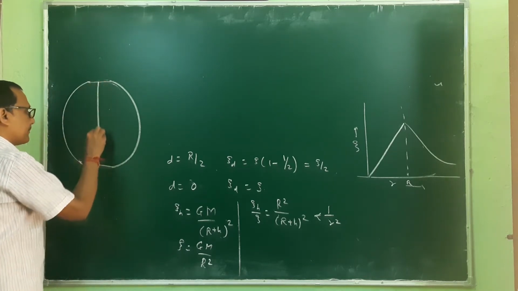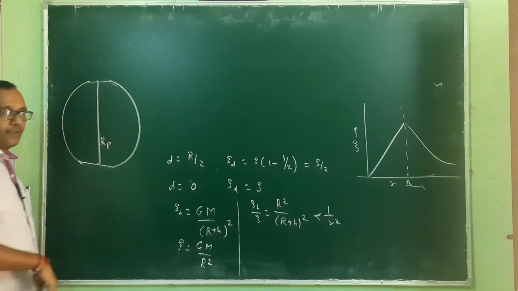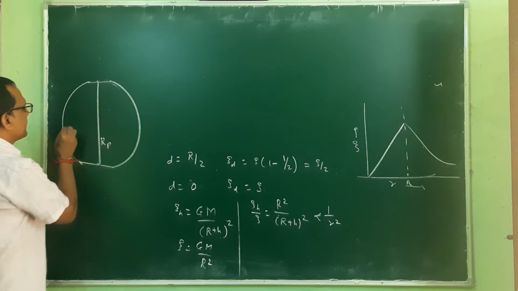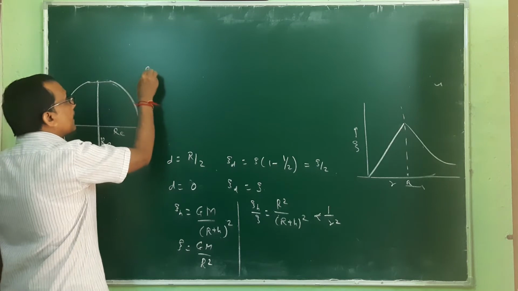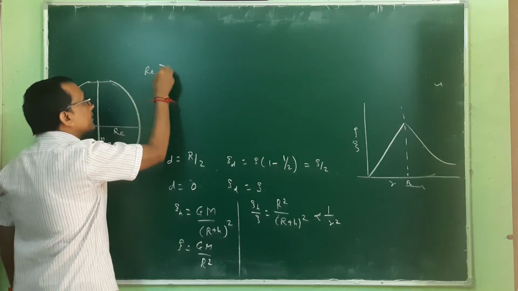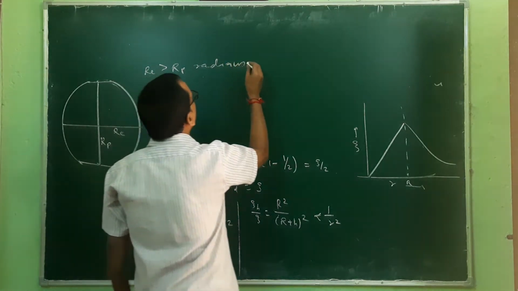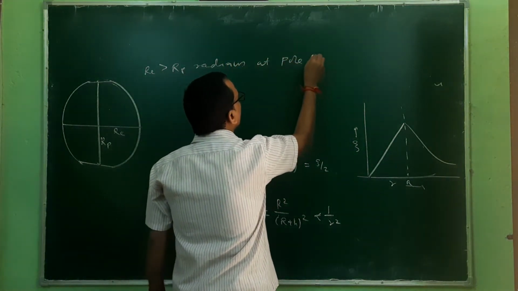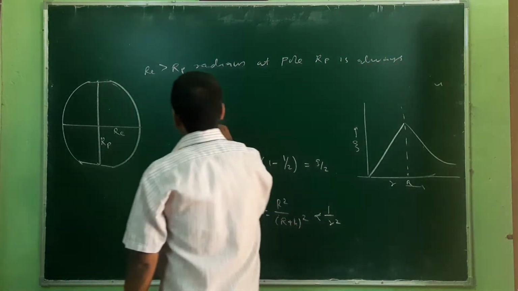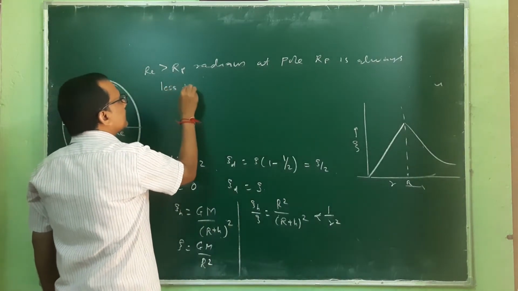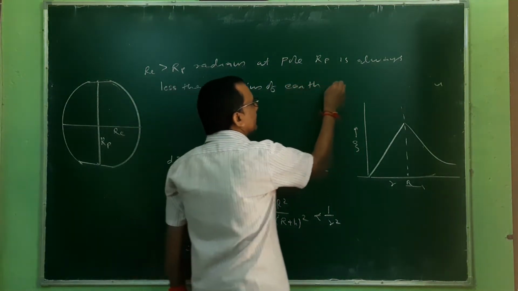This is the radius R_P, the radius toward the pole, and this is the equator, and this is R_E. So always this R_E is greater than R_P. So the radius at the pole R_P is always less than the radius of Earth at the equator.